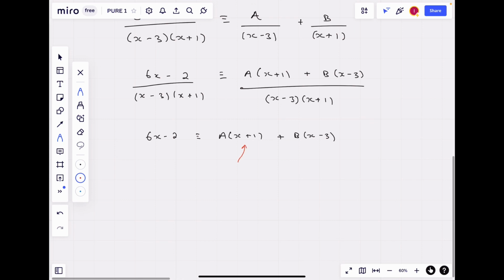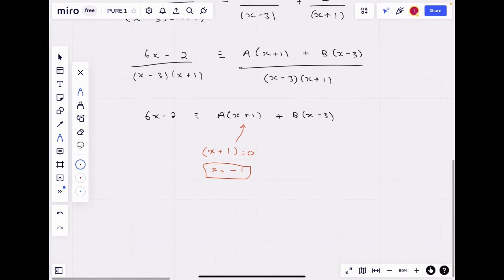Okay, what I can do from here is use substitutes. Suppose I single out that bracket. If I make that bracket equal to 0, my x value will be minus 1. That will be my first substitute.